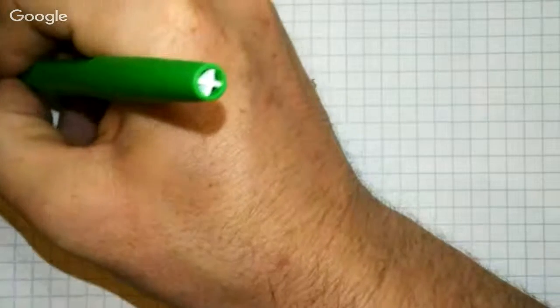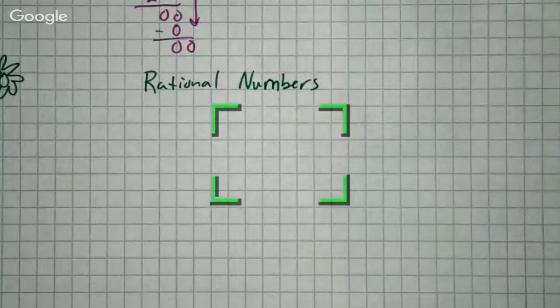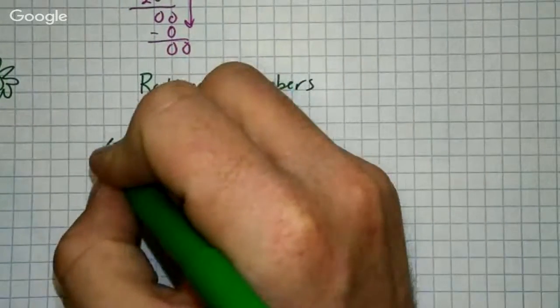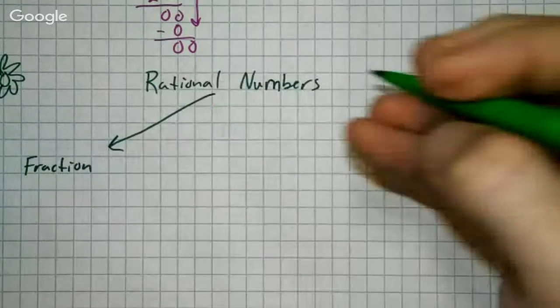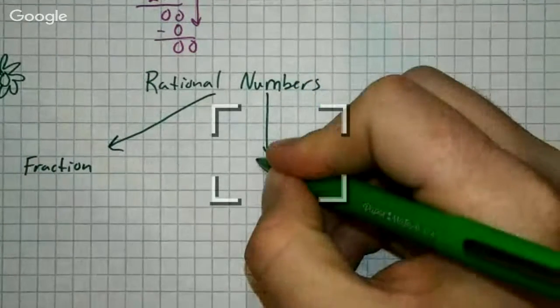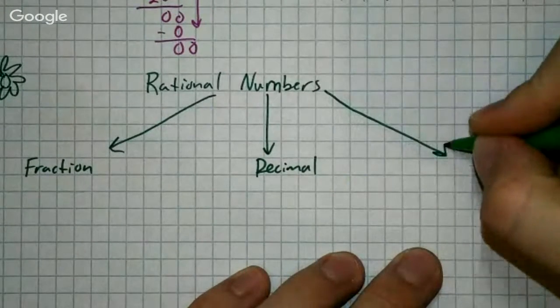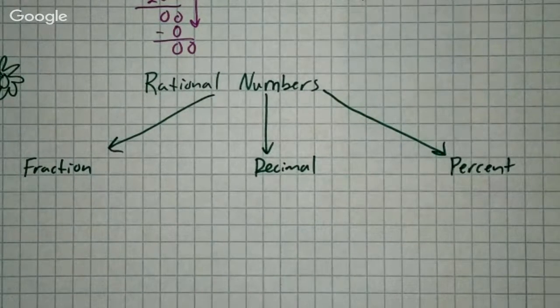There's 3 main ways we can see a rational number. There's one which is a fraction, one which is a decimal, and then there is a percent. And we can write a rational number in any of those 3 ways.